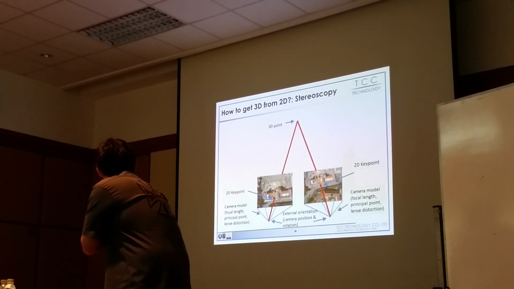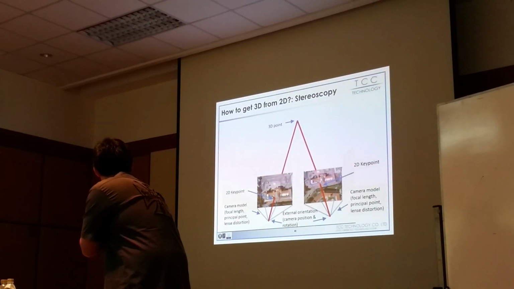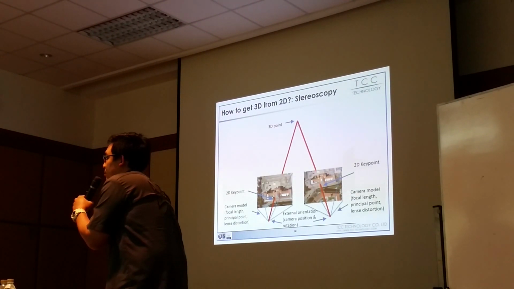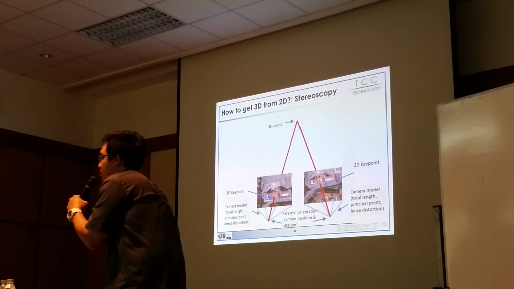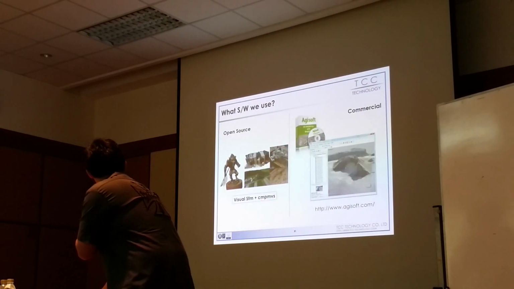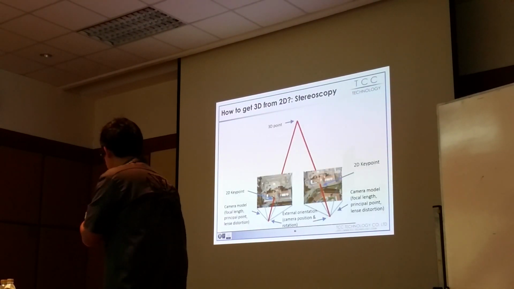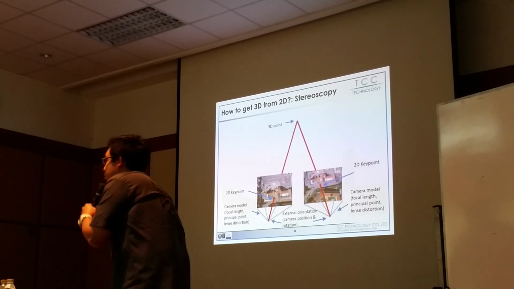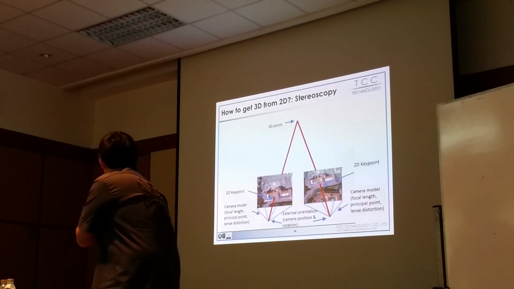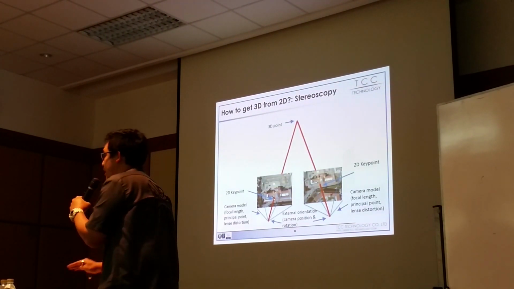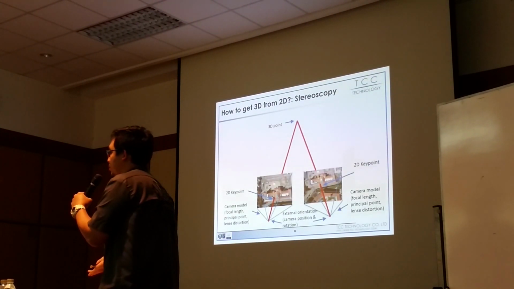At the same point from these two different images, we can calculate back to get the 3D point. This is the idea, because what we want is the 3D point, so it translates from 2D images into the 3D world.